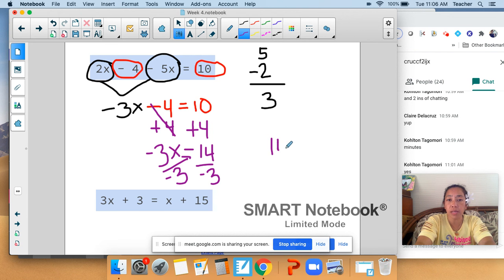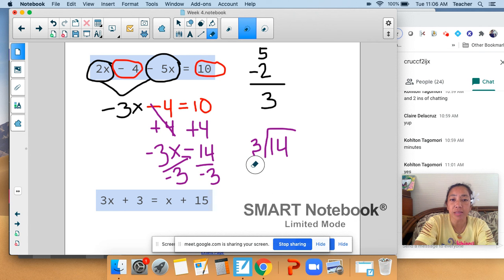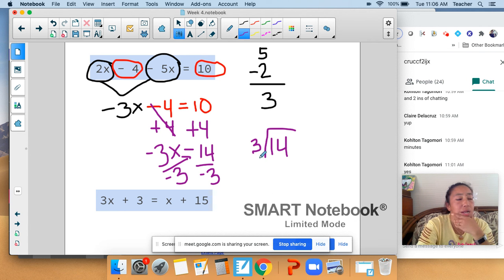So 14 divided by negative 3 is basically saying, how many 3's are in 14? Well, I know 3 times 4 is 12. So there's 4 groups of 3's. And we have 2 left.